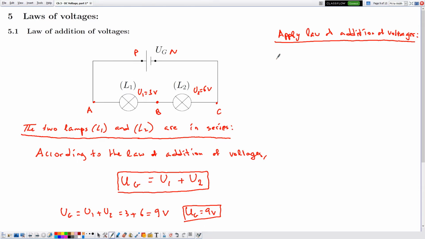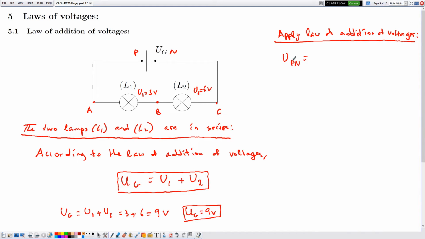then always on the left we write the voltage of the battery from the positive to the negative, UPN, and on the right we will write the sum of the voltages of all electric components.